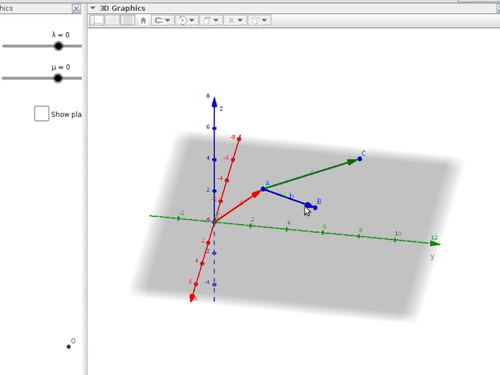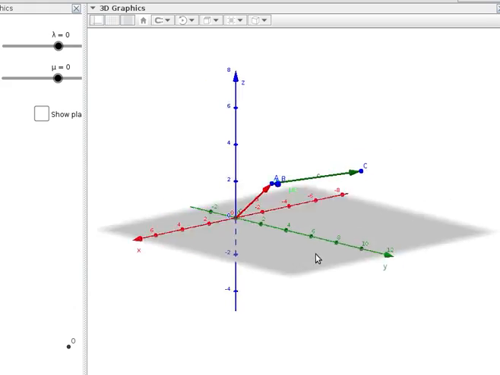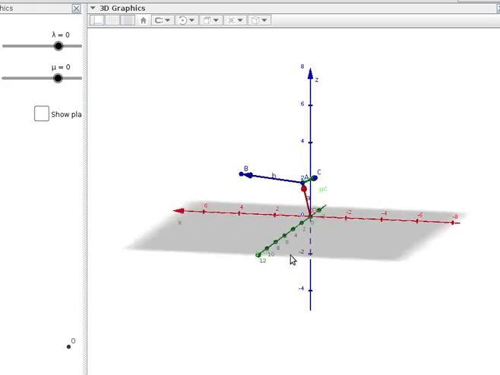Then I have the blue and the green vectors, and those represent our two different direction vectors. A linear combination of those, if I stretch or compress these vectors, the blue and the green together will form a plane. And then the red vector tells you where that plane is in 3 dimensions.